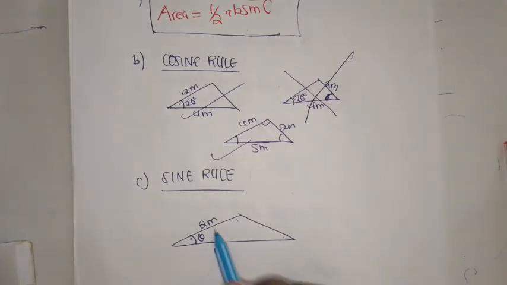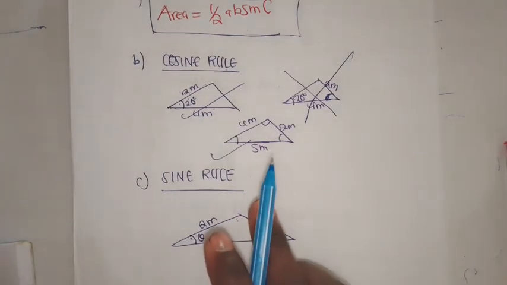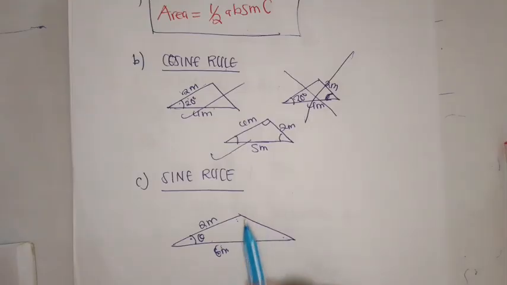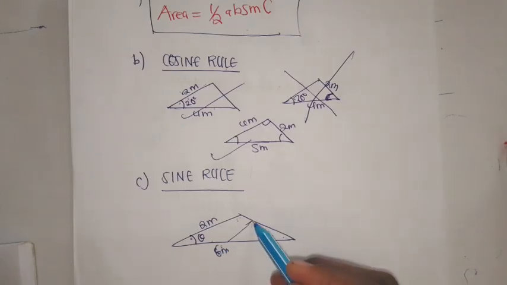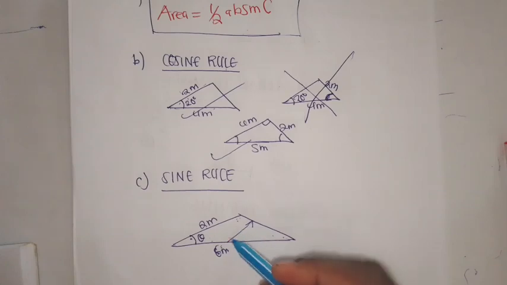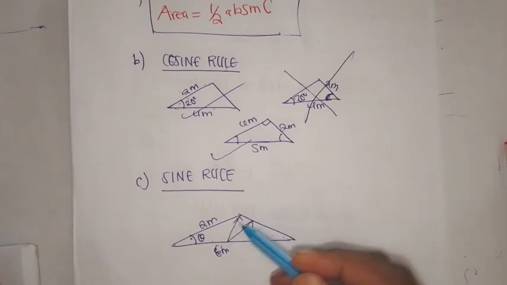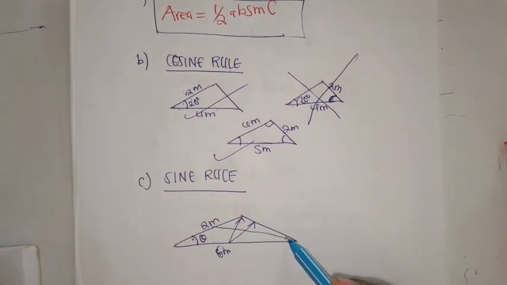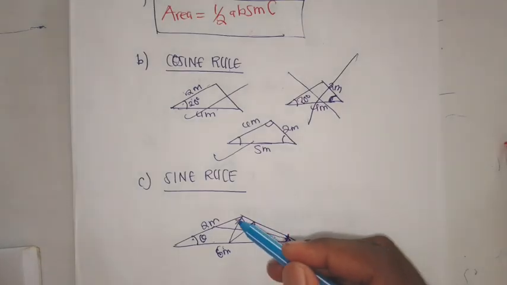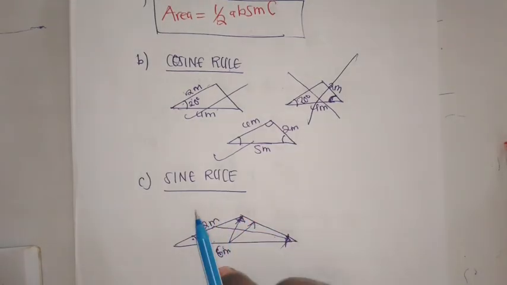You can find the angle between two given sides, this one and this one, if you've been given any of these remaining angles. We're talking about angles, so opposite to this one and the one opposite to this one. That's the only way you can use sine rule.